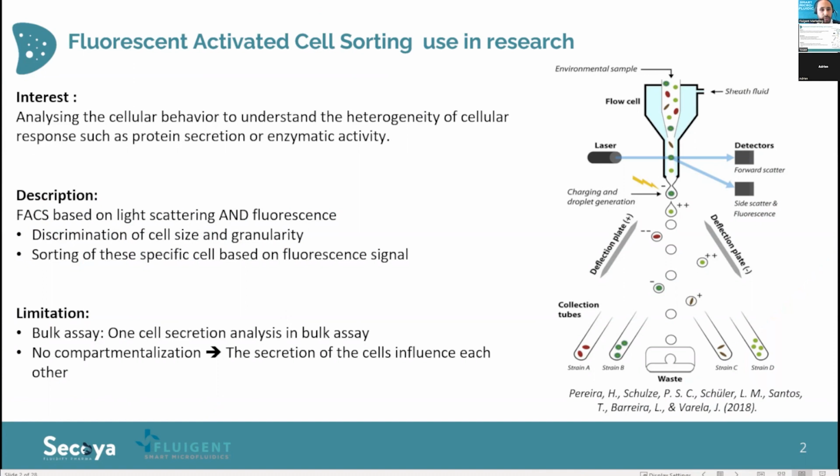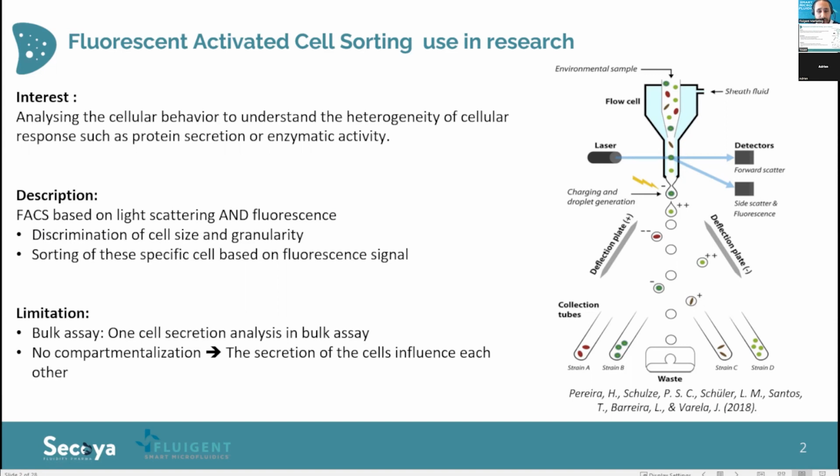But for those who are not aware, basically the FACS allows the analysis of cellular behavior to understand the heterogeneity of cellular response, such as protein expression or enzymatic activity. So basically, it allows to analyze the cell secretion based on a specific reaction.